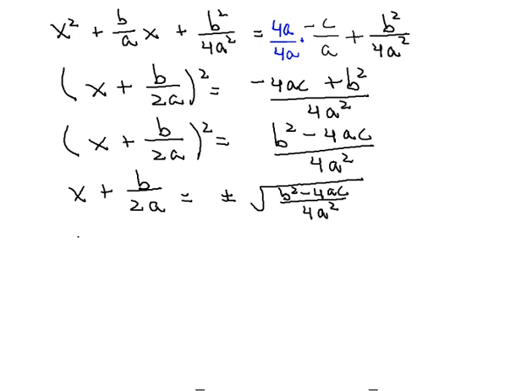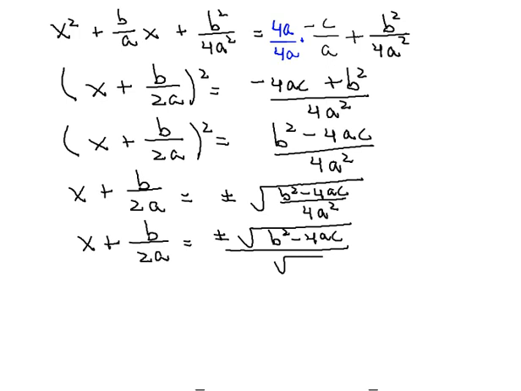And we can rewrite that right hand side using the quotient property. So we'll then have positive and negative, the square root of b squared minus 4ac all over the square root of 4a squared.